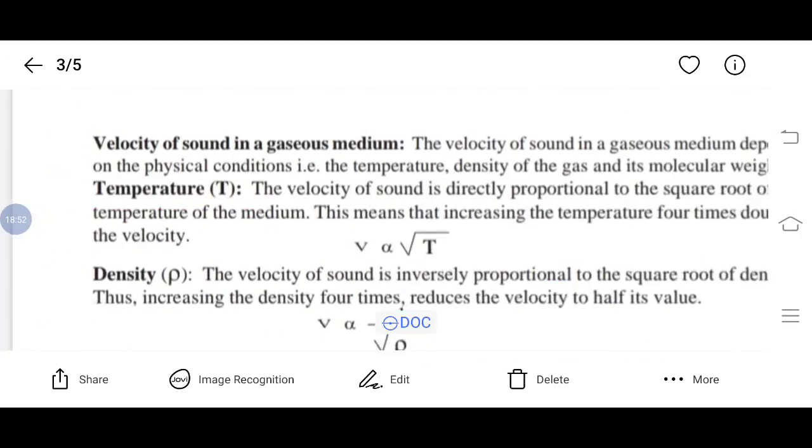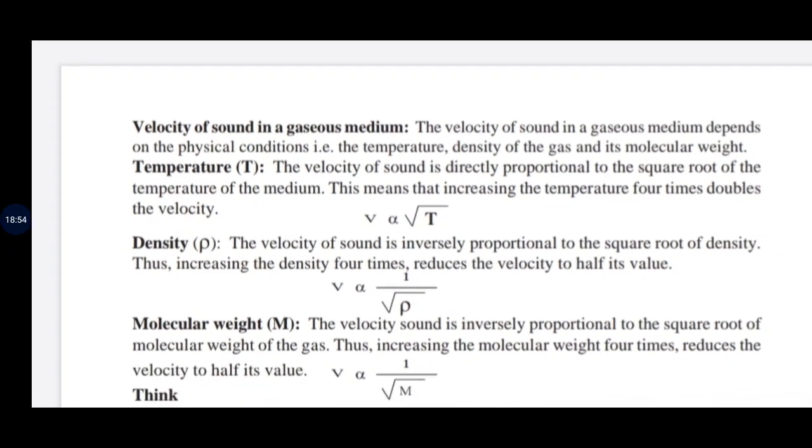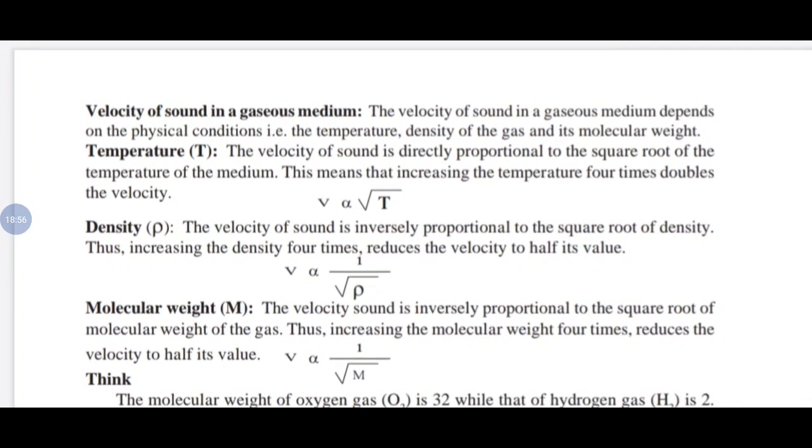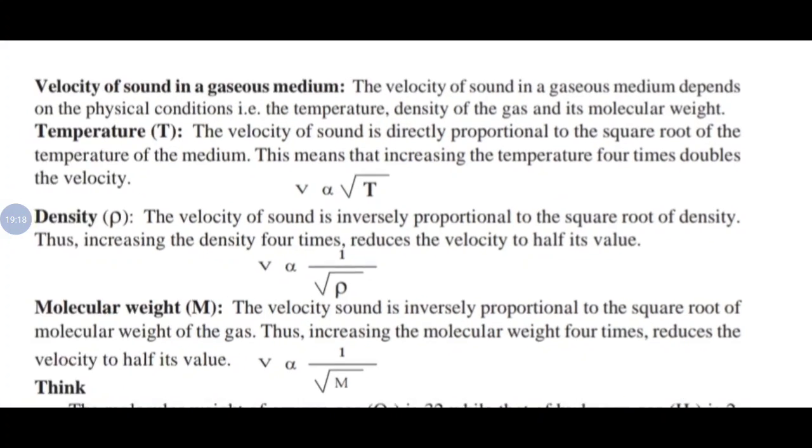Now here a 3-mark question is asked on this topic. What is the question? How do physical conditions affect velocity of sound in a gaseous medium? 3 marks question. So 3 points are given here.